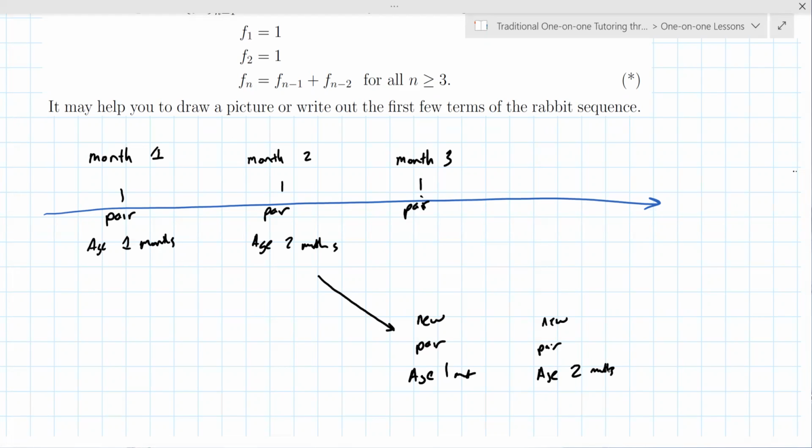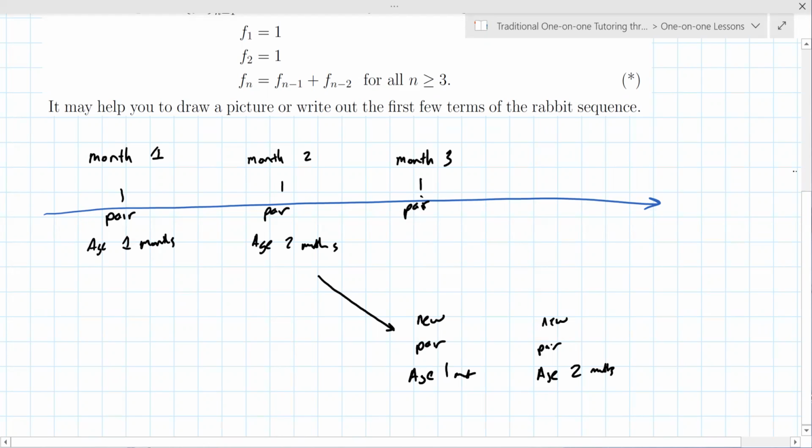This feels like a health class. So the thing that's also going to make this more complicated is that this original pair, they can also produce yet another new offspring in month 3. So at the end of month 3, they've produced a pair.